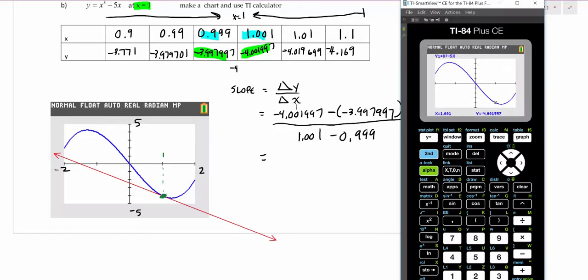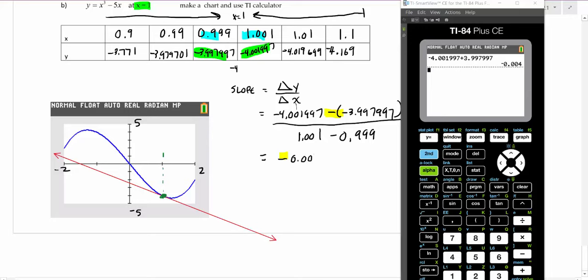So I'm going to clear everything off. And let's see. We're going to have negative 4.001997. Now we got a plus here, because if you notice in here we got a minus minus, so we're going to add 3.997997 and record that as negative 0.004.